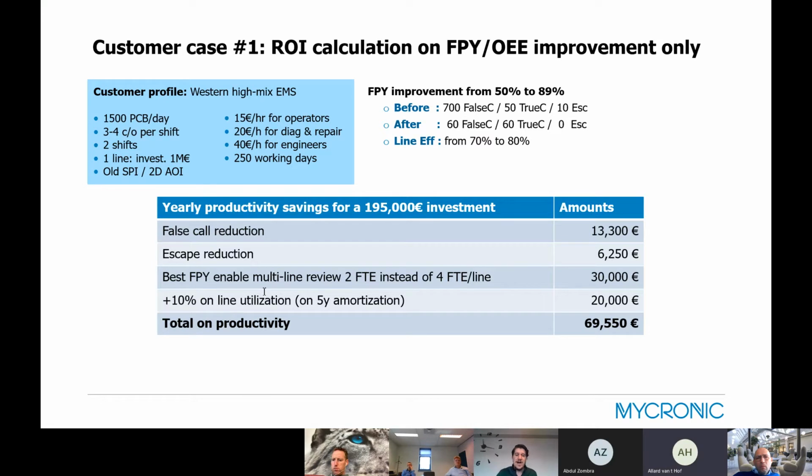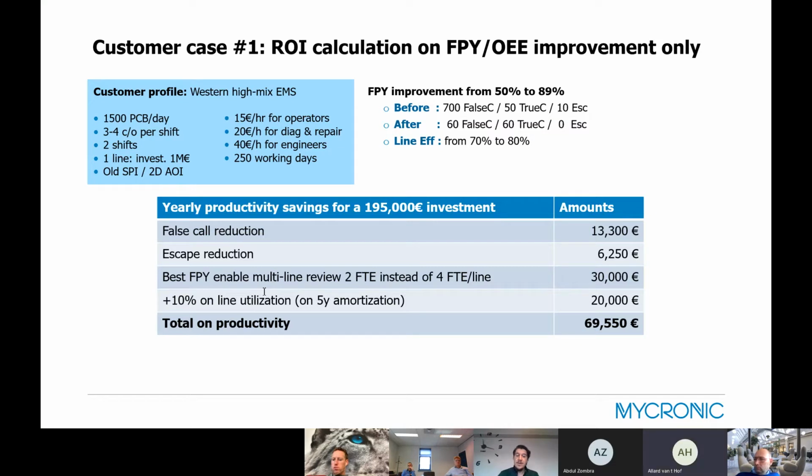I said like 20 seconds per false call. If you multiply that, we are at 12,800 seconds divided by 60 and 60 again, then we are at 3 hours 55 per day work needed. Then again, 15 euros per hour for an operator means this is 53.25 euro per day, which are the costs of false calls this customer is paying.